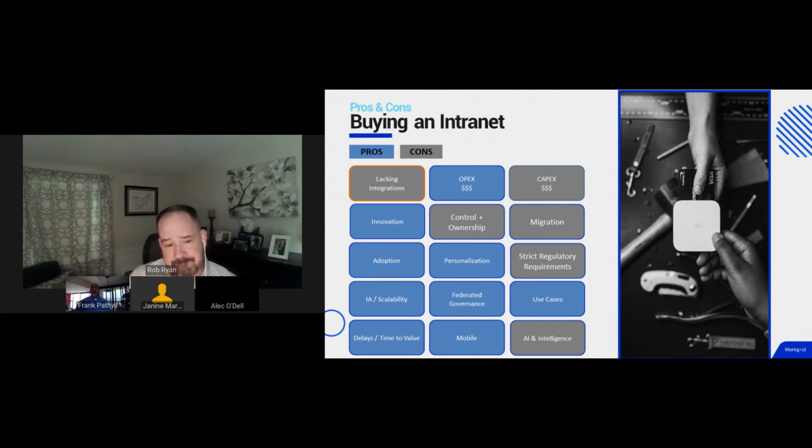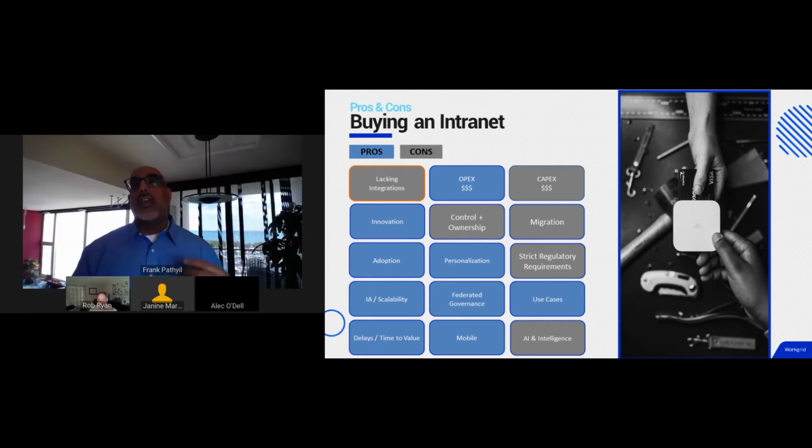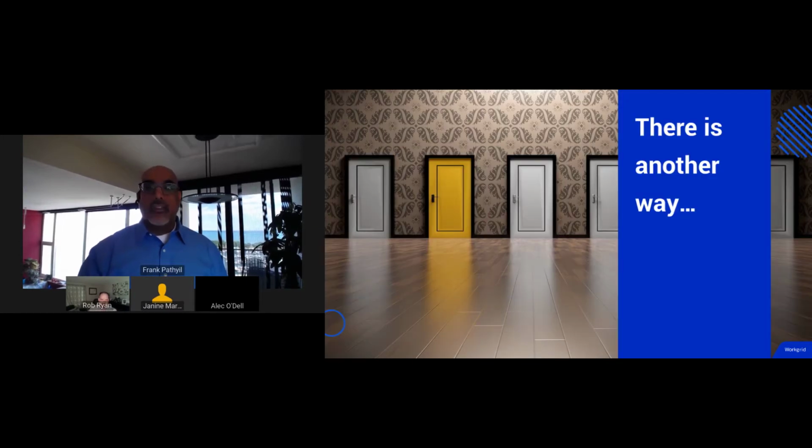Right, and it's use case centric, and that I think is the thing that we really have to start to get into and understand: it's not just getting to Workday or ServiceNow, it's deriving some value out of it quickly for a user. And I think this is really the basis of the other way that we want to think about building and buying an intranet.